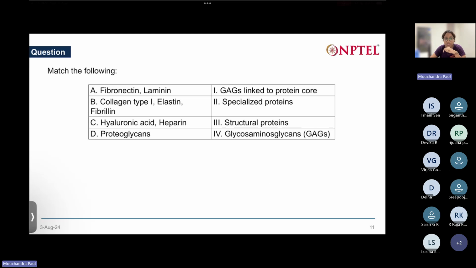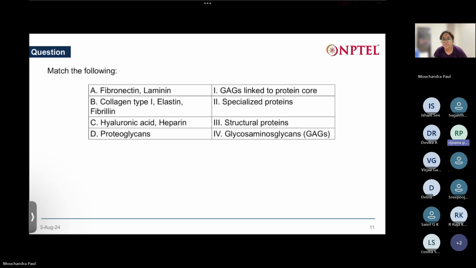What about A? Option A, it matches correctly with. Yes, anyone? A, I can go structural with both proteins. Okay, Rijuna, you speak first, then Devika, you can answer.